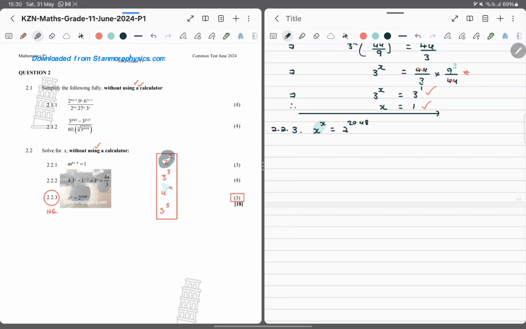Because if we can have, say, x to the x equals 2 squared, I would suppose that for these two things to be equal, it means x must be 2. Right? That's just logic, I guess. Is it logical? I'm not too sure, but I would try that and see what happens. If it works, it works. If it doesn't, it doesn't.